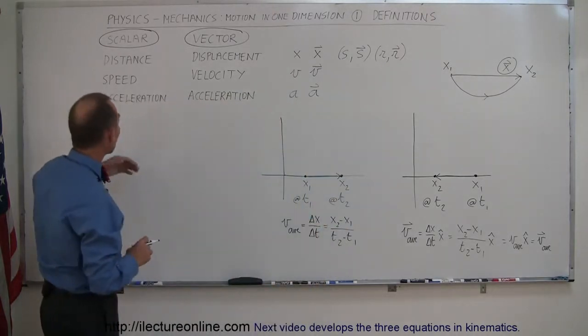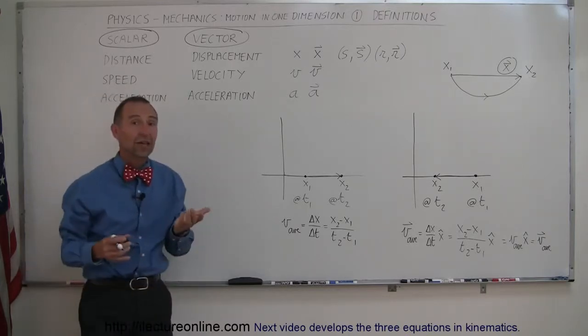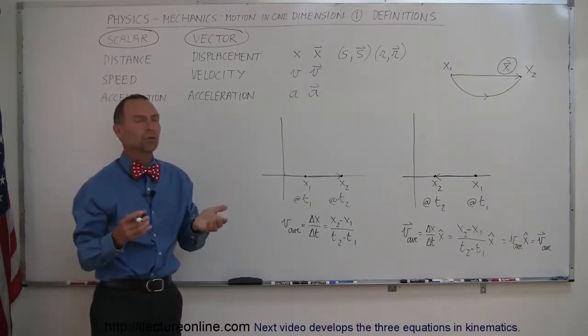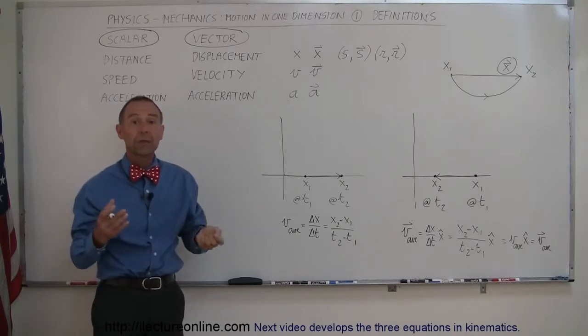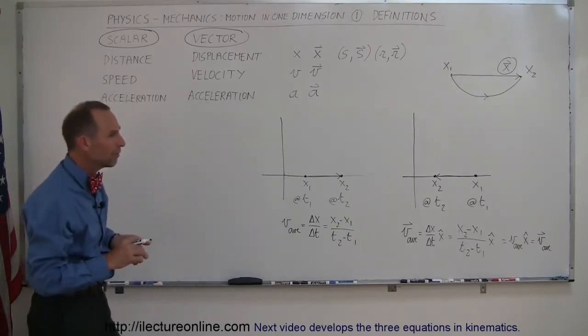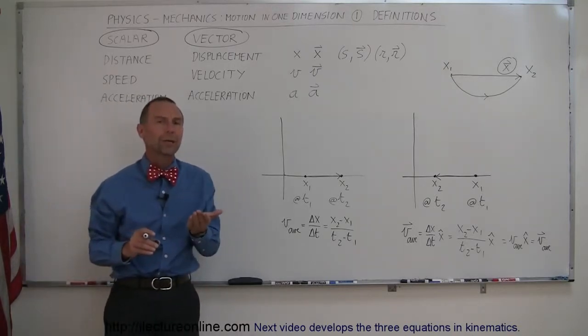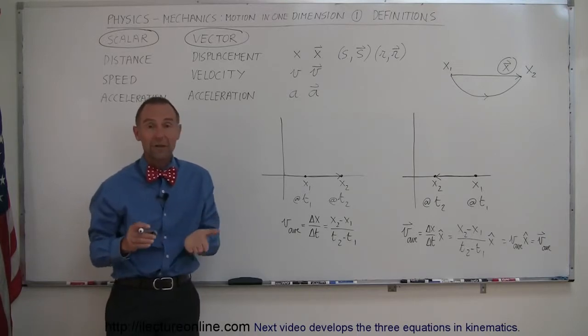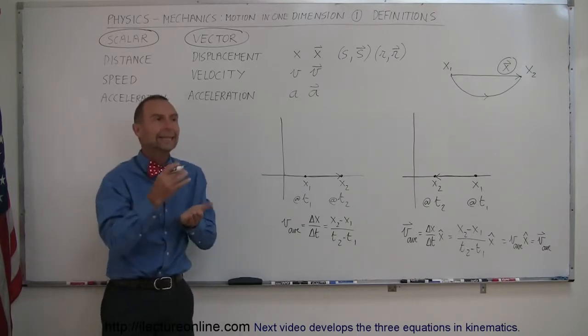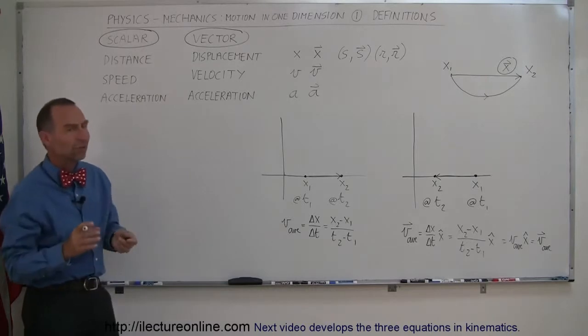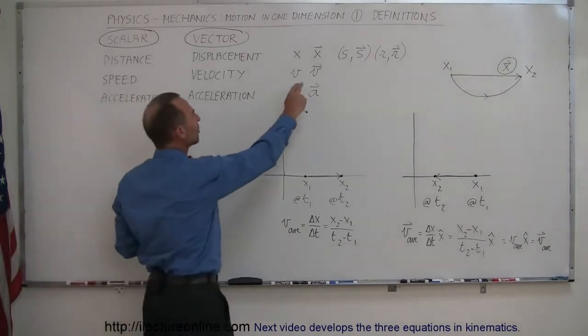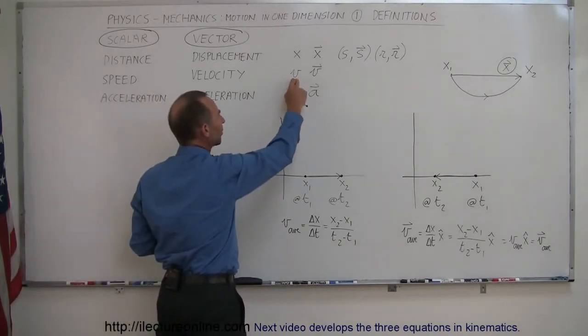All right, so the same with speed and velocity. If you say I'm traveling 30 miles per hour, but you don't say what direction, that's simply speed, that's simply a scalar quantity. But if we say we're traveling 30 miles per hour in a westerly direction, now we've given it both the magnitude and the direction. That makes it into a vector quantity. Again, the only difference would be a v without a symbol like that simply means speed.